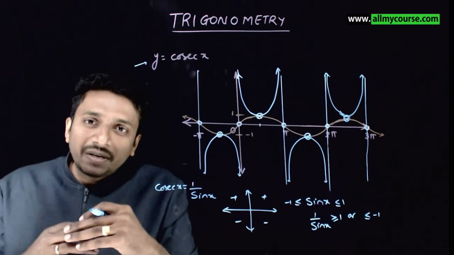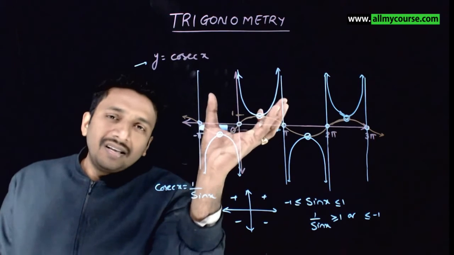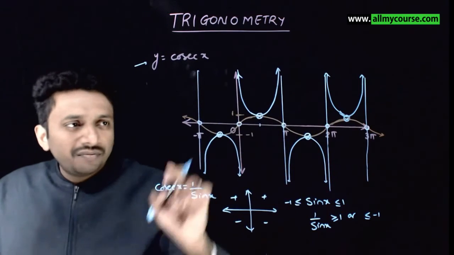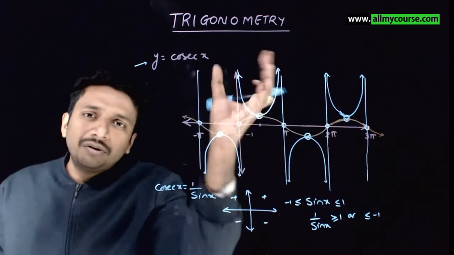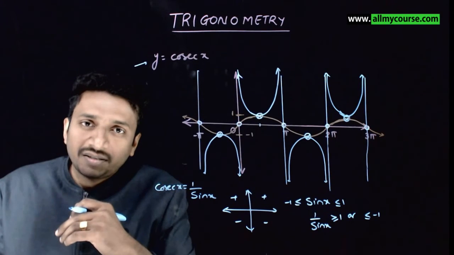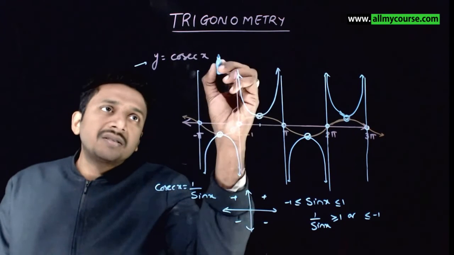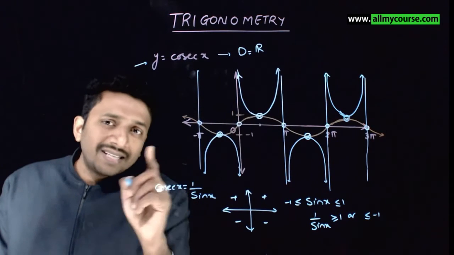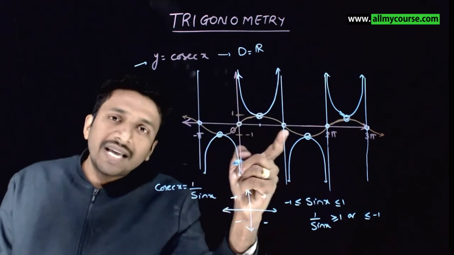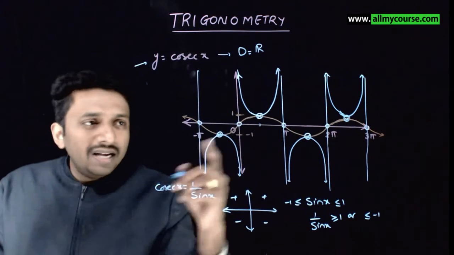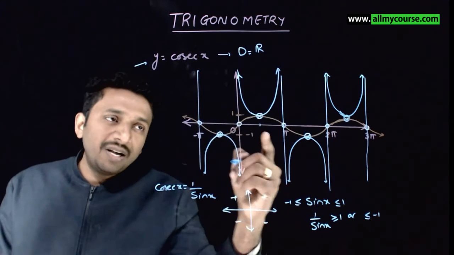So if you have to remember, it looks like cups above and below the graph of sin x. So if you remember the graph of sin x, you just need to draw cups above and below it. So that's the graph of cosecant x. Now what is the domain of cosecant x? The domain is all real numbers except the values of x where sin x is equal to 0. And sin x is equal to 0 at integer multiples of pi.